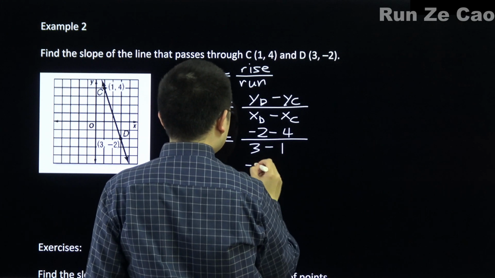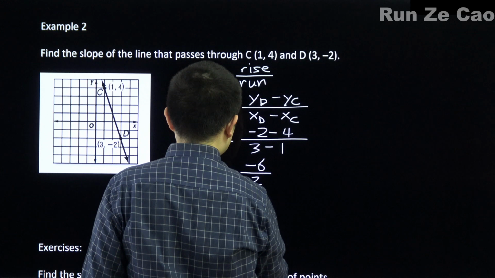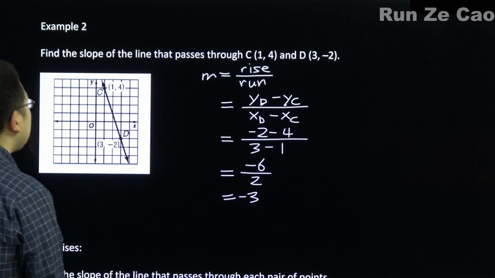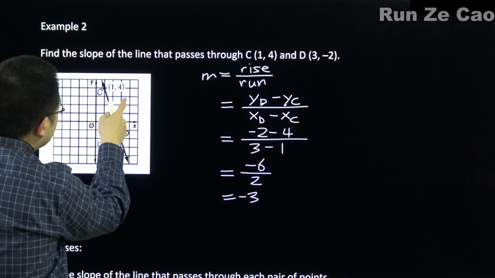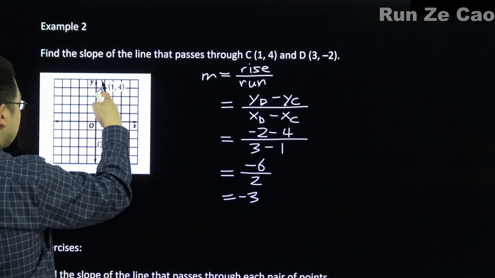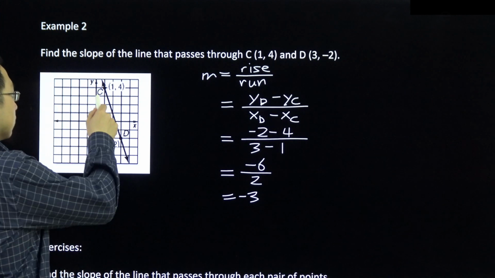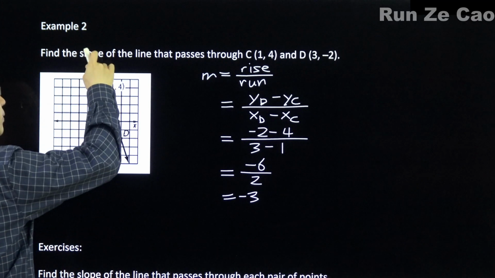That's negative 6 over 2, which is negative 3. Let's see, does this make sense? Oh, for 2 grids we went over, positive 2 grids, run, we had a rise of negative 6 grids. So for every 1 grid we went over, we went down 3.